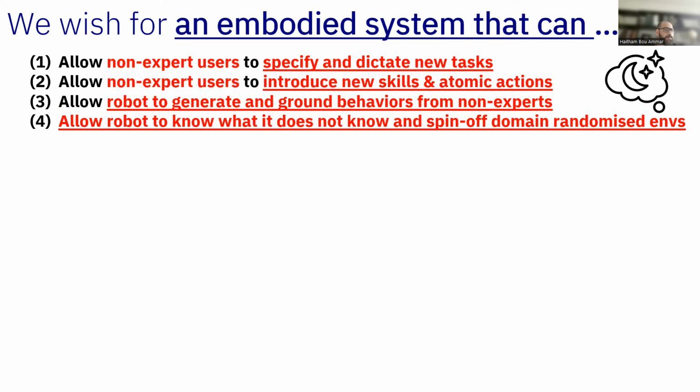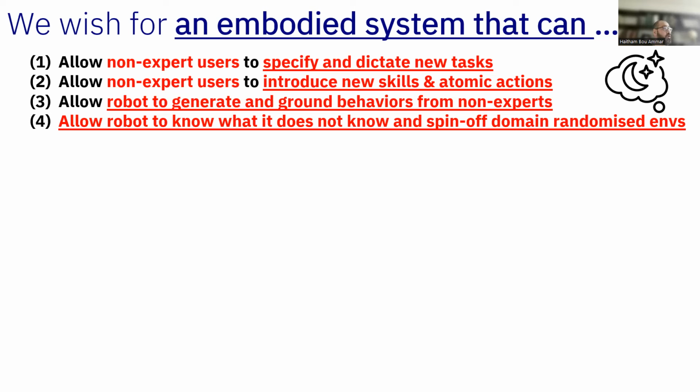And then the robot tries to make you coffee, but for some reason, the robot does not know how to grasp a cup, say. I want the robot to understand this deficiency. You know what? I cannot grab a cup. And then I want it to spin off a simulated world to learn how to grab a cup that then transfers to the real world.